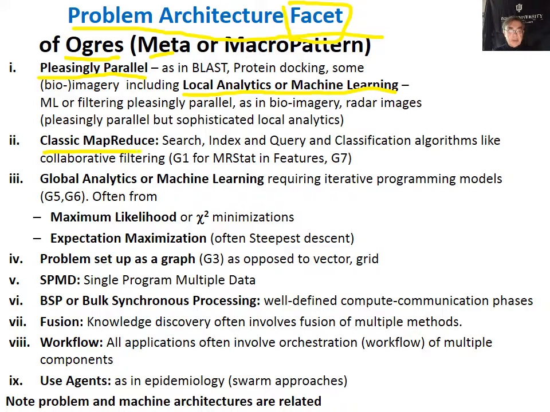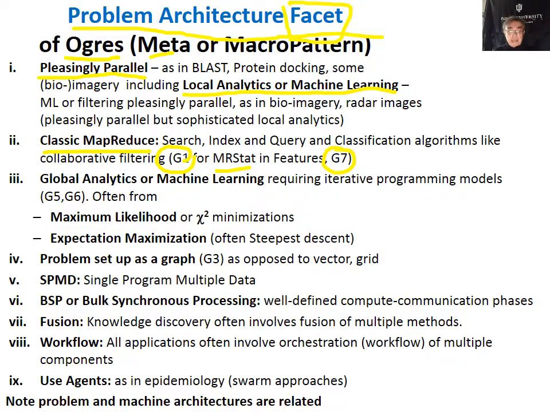We have classic MapReduce, which is used for the search index and query, classification algorithms, collaborative filtering, the MR stat, which is G1, and also the G7 area from those computational giants.